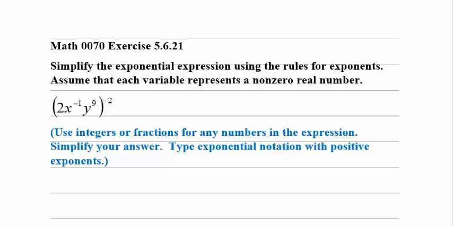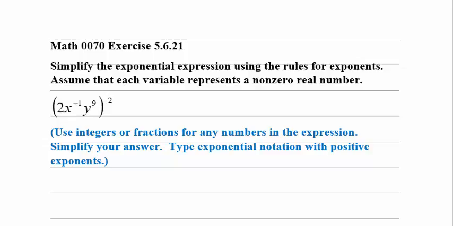And we want to make sure we use integers or fractions for any numbers in the expression in our final answer. And we want to make sure our answer is simplified. And we want to make sure exponential notation has positive exponents. So that means no zero or negative exponents should be in our final answer.